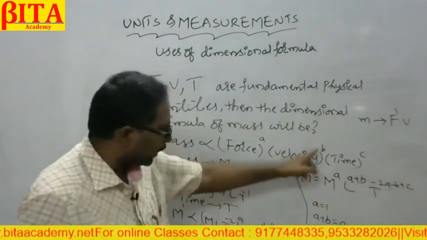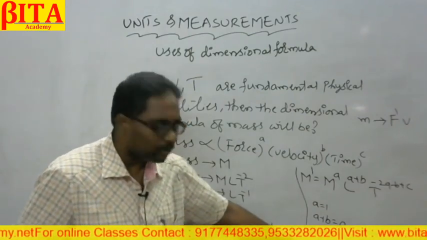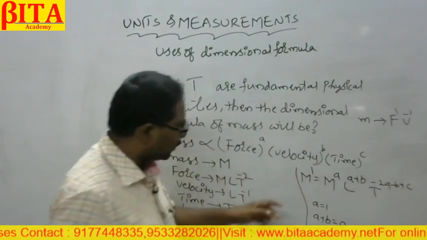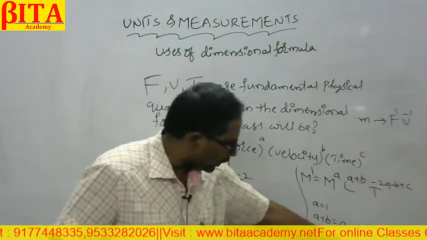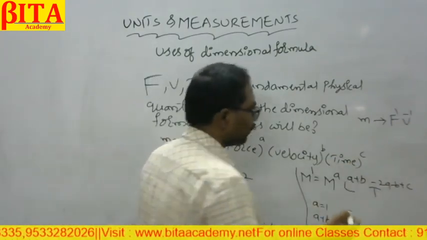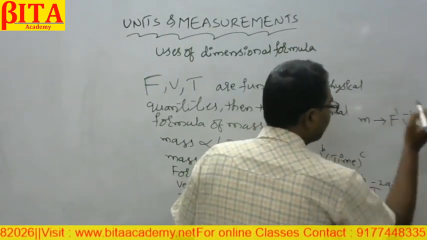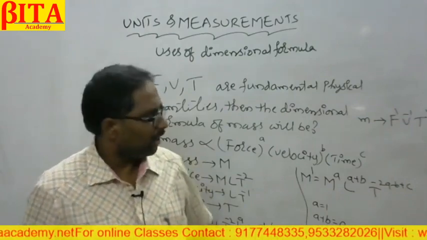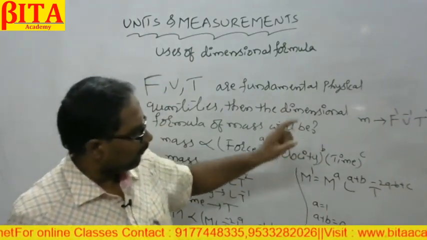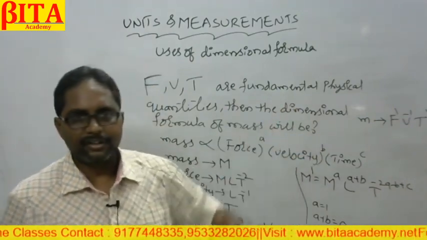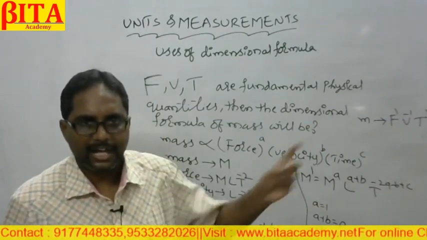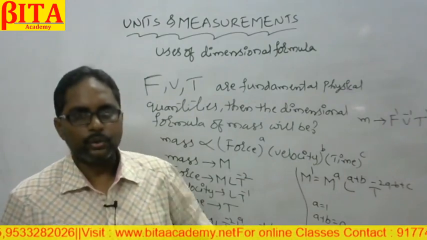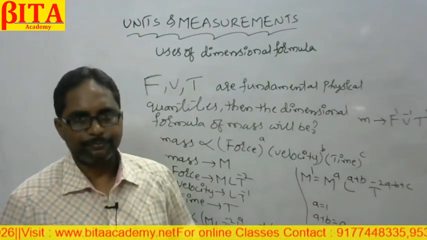Velocity power b means b is equal to minus 1, so that's why V power minus 1. And time to the power of c, c is equal to 1, so that's why time power 1 must be there. So now the dimensional formula of mass will be F power 1, V power minus 1, T power 1. In this way we have to get the answer, and in your four options, definitely this option will be there, and you have to tick this option as right.